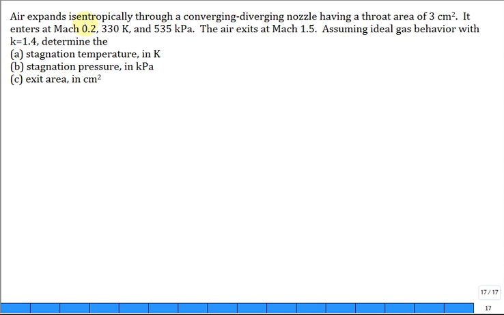So air expands isentropically through a converging diverging nozzle. So it goes like this, then like that. That's a bad looking nozzle, isn't it? So like this. Okay, right here's the throat. The throat area, and we often use an asterisk for the critical pressure, critical temperature, and that critical or throat area, is 3 centimeters squared.